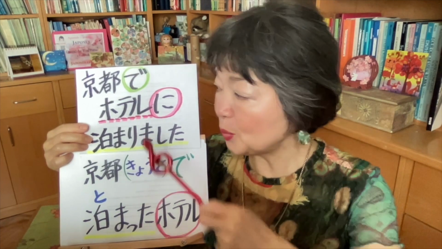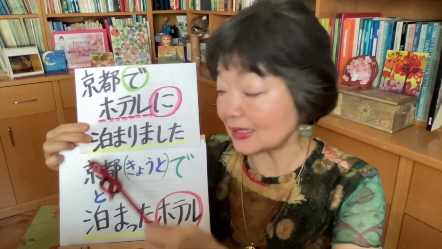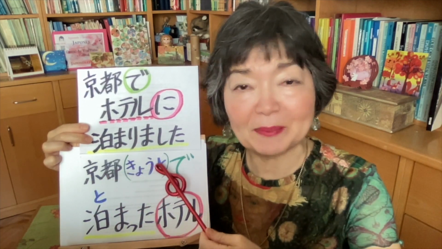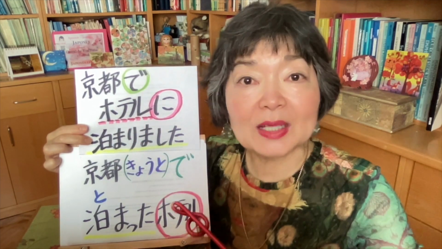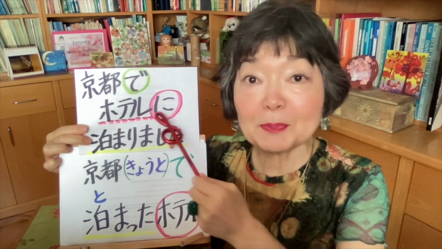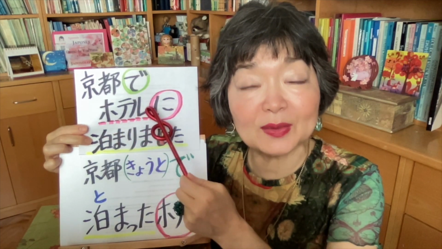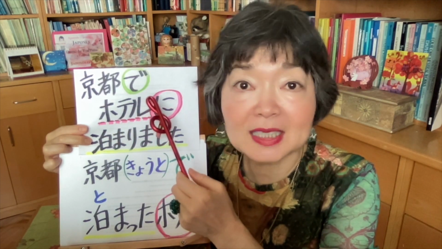Let's see how to make this sentence. At first, 京都で, this is the same. Still here in the relative clause, 京都で. Now, ホテルに. Well, now I'm gonna explain the word ホテル, and this particle is attached with this noun ホテル, the word that I'm gonna explain.